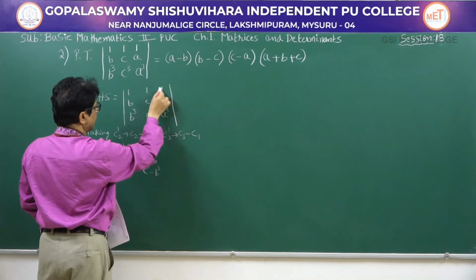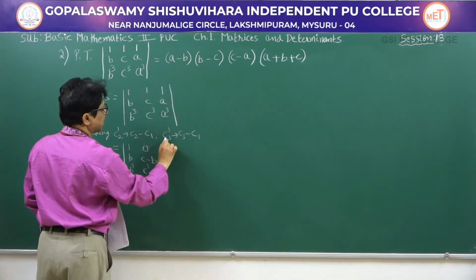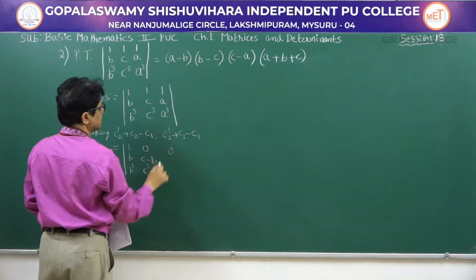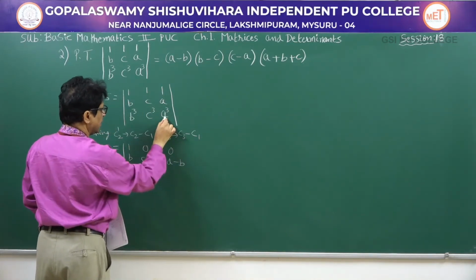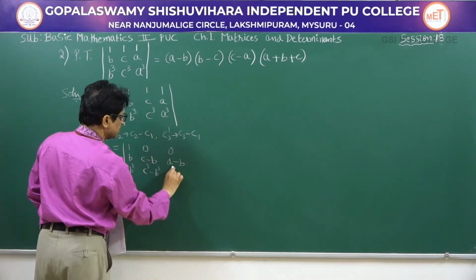Next column is 1, 1, 0. I am applying C3 is C3 minus C1, a minus b, a cube minus b cube.